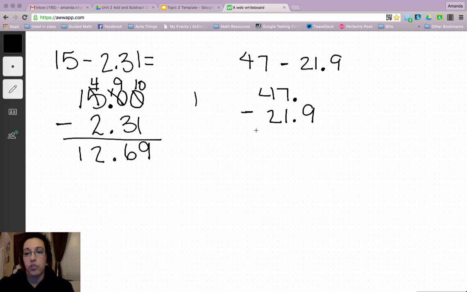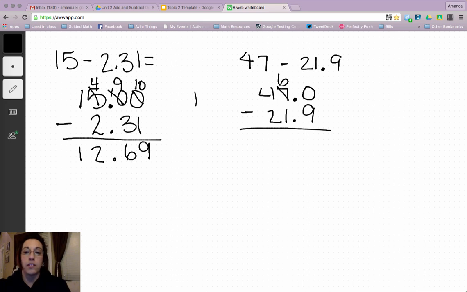Our sign is subtraction. We annex our 0. This is the important step because this is where kids are forgetting to annex their zeros, so they're bringing the 9 down and skipping the regrouping piece. That's making your problems wrong. So we need to regroup right here.